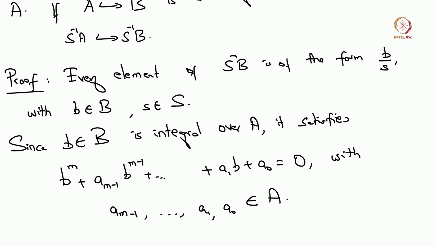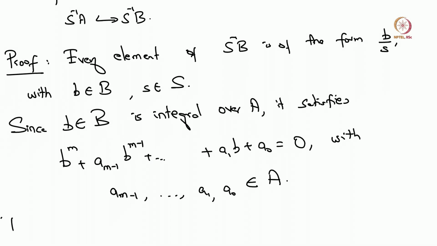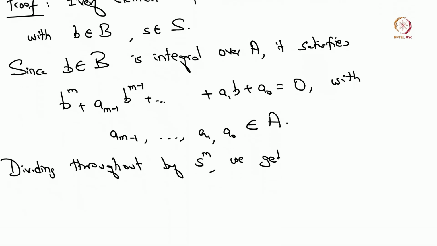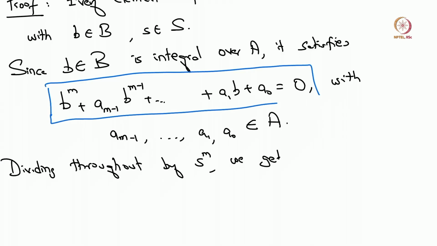Now I'm interested in looking at this fraction b over s. So I'm just going to divide throughout by an appropriate power of s. Dividing throughout by s to the m, I take this monic equation and divide throughout by s to the m.